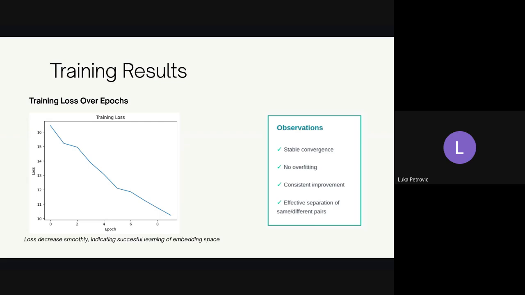We see no sign of overfitting, because it's a smooth decrease, and we see consistent improvement through training. At each epoch we have less and less loss. Let's now visualize what the network learned on the next page.